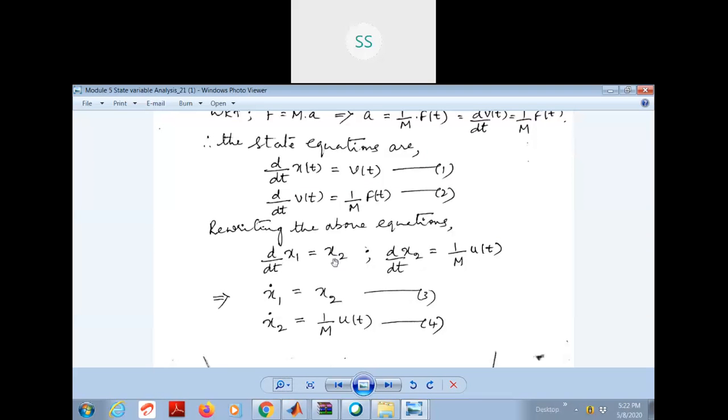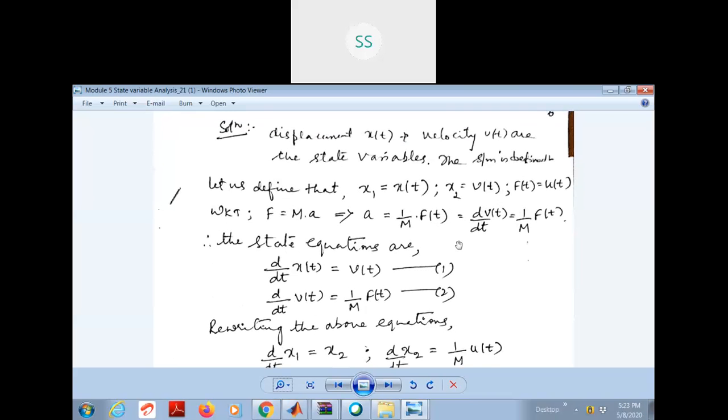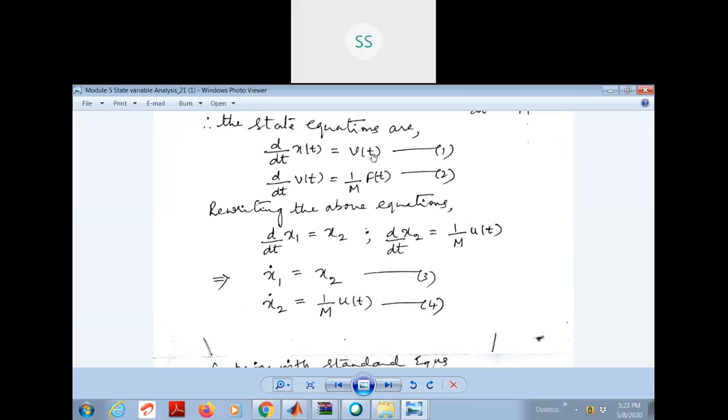So we can now write d by dt of x1, because x1 is equal to x of t. So d by dt of x1 equals v of t, and v of t is nothing but our x2 variable, which we defined earlier. So wherever v of t is there, in that place we will write x2.